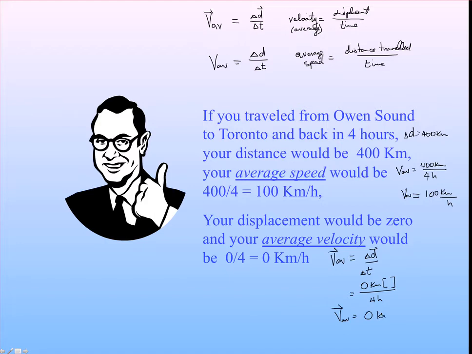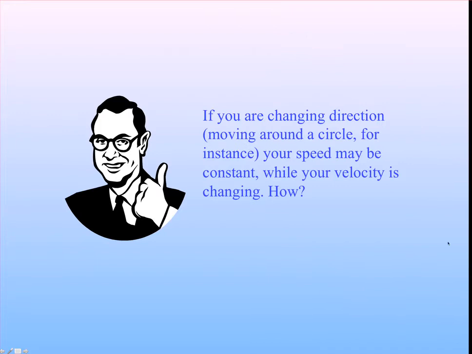Since our magnitude is 0, there's no direction associated in this case. And I previously said that at any one moment, your velocity will be equal in magnitude to your speed at any one moment.